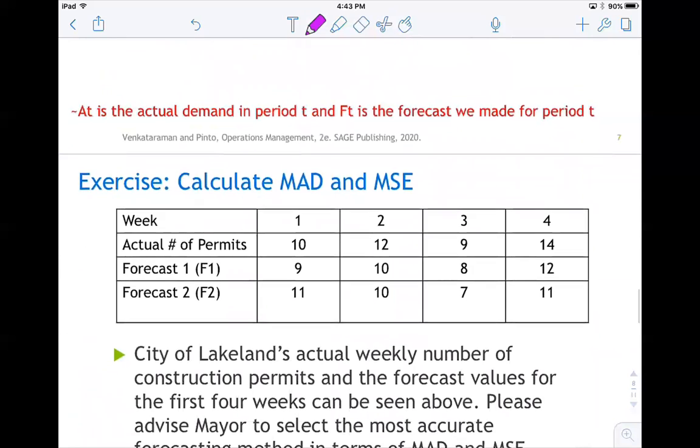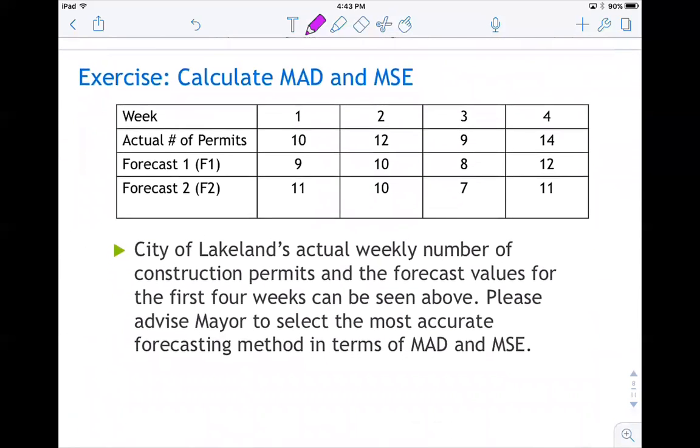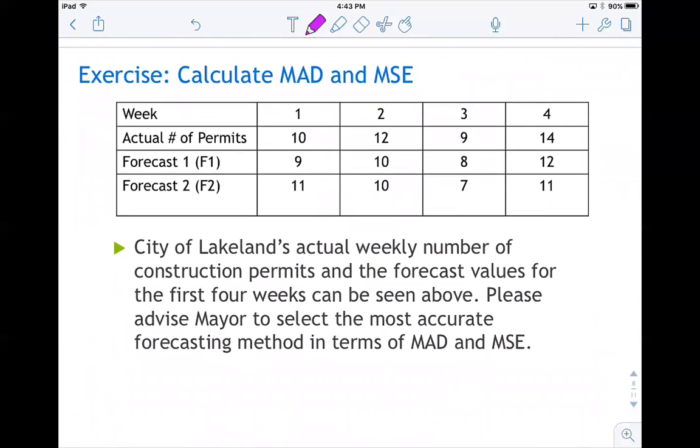So let's study this over an example. In this simple example, we have 4 weeks of data, and we have the actual number of permits the City of Lakelands issues weekly, and their forecast values obtained by using two different forecasts, F1 and F2.